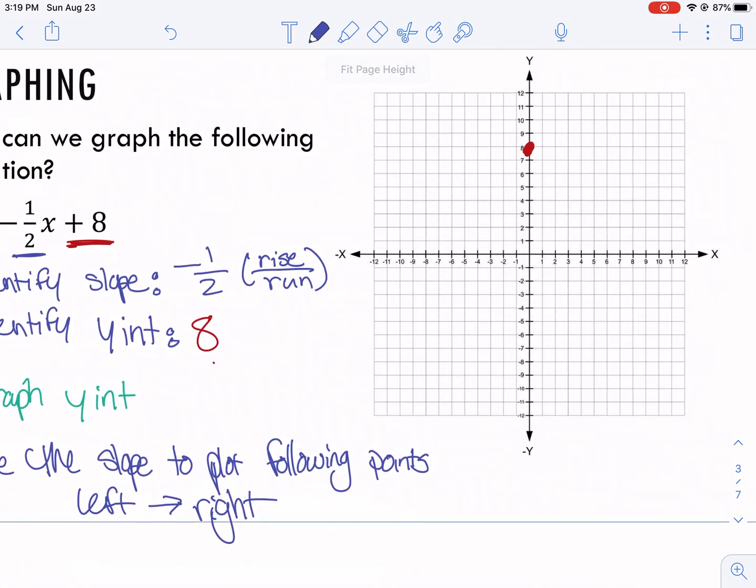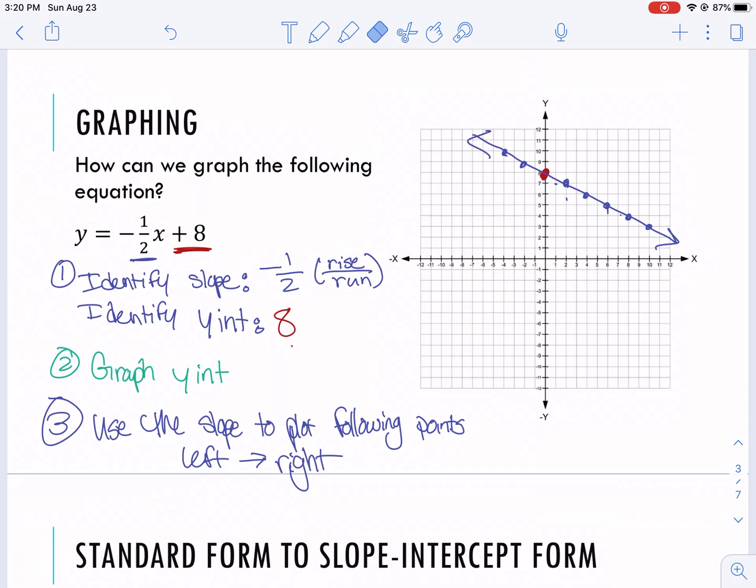So going from left to right, we go down 1 over 2. Down 1, over 2. Then we can keep doing that. And then we can go in reverse: up 1 over 2, going backwards. And then you would just connect those, and there is graphing a line.